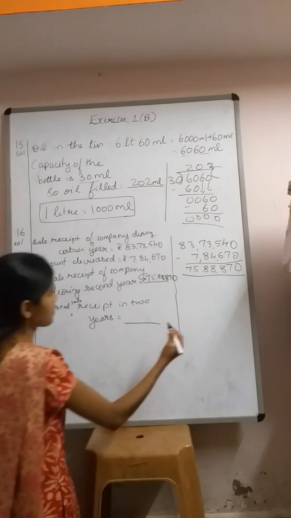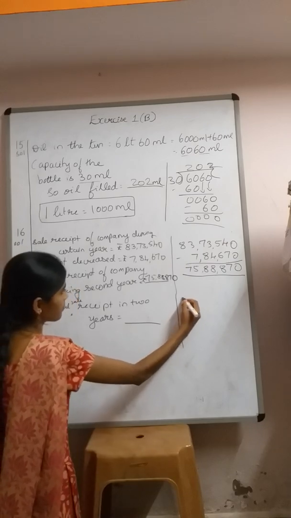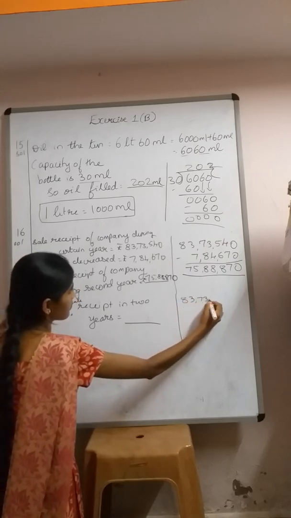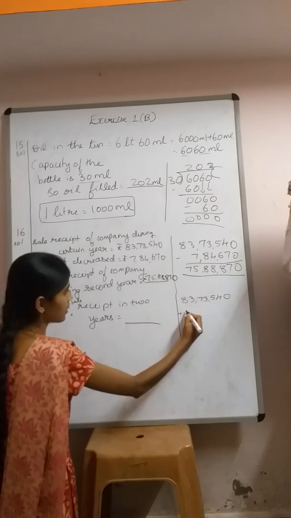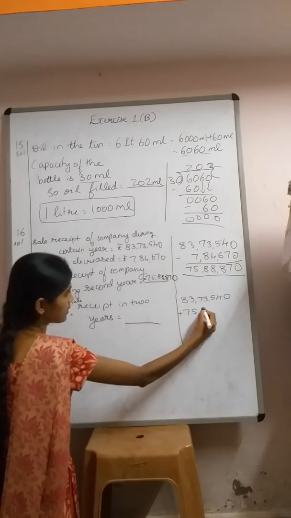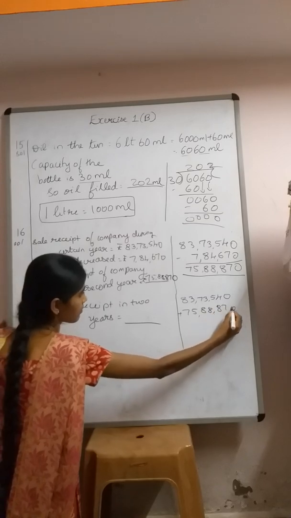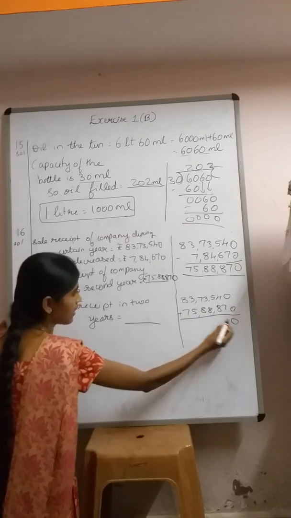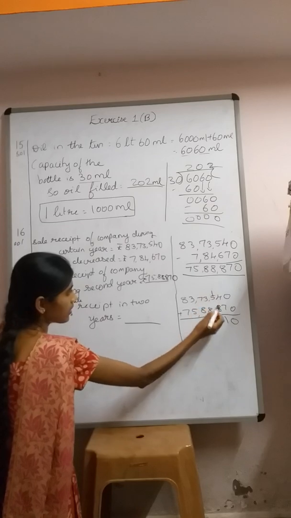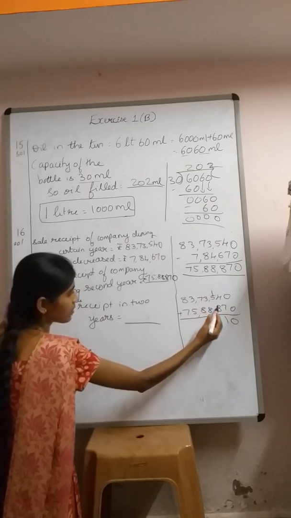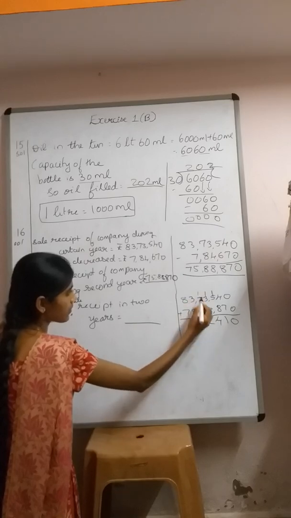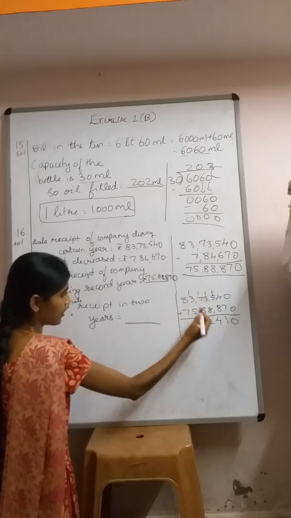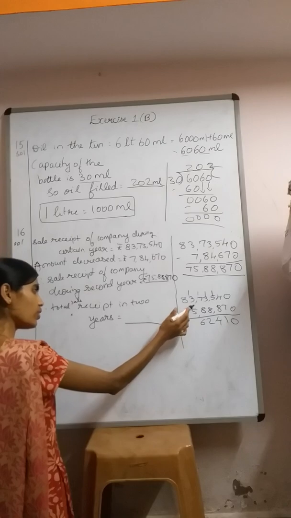So let us solve it. Plus this one 75,88,870. Okay, let us add. Okay. I know in your textbook there is a certain wrong answer.